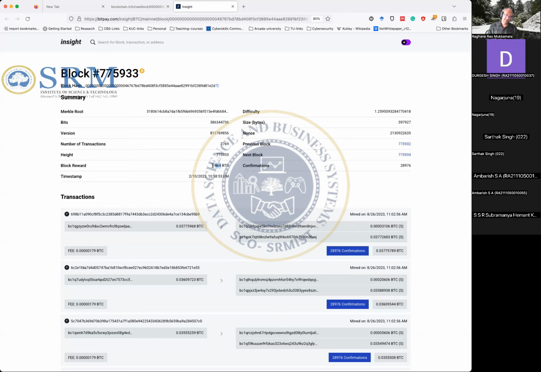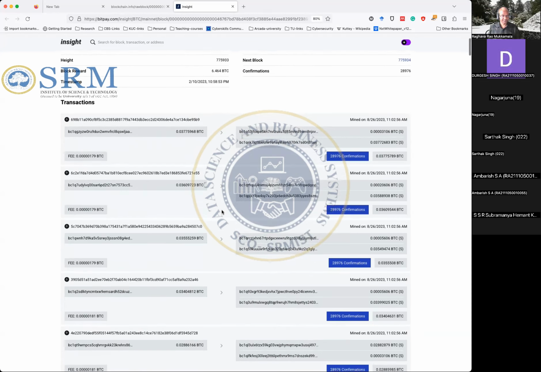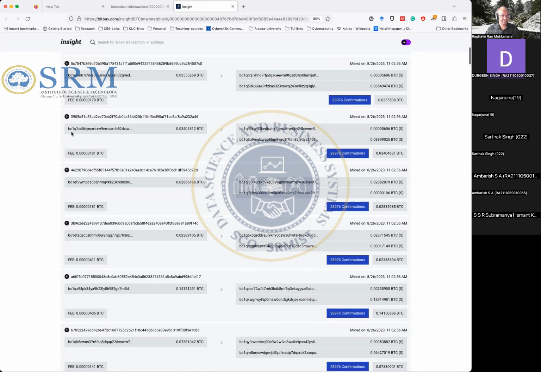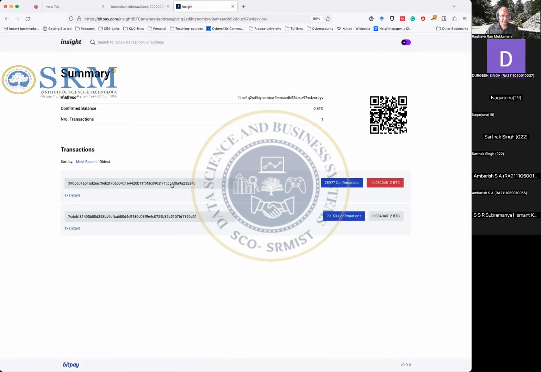That's why you have this total figure more than the block reward. Right? 6.25 is the reward, and these are the transaction information. So you can also go through it, and the number of confirmations, how many miners have confirmed, and some transaction details and other kinds of information.